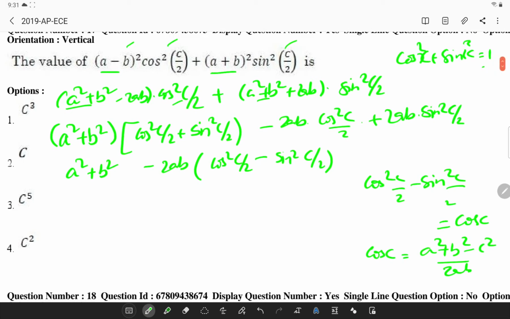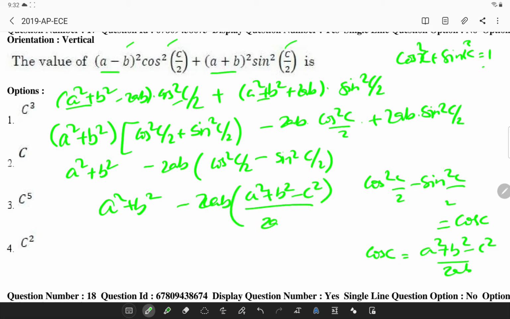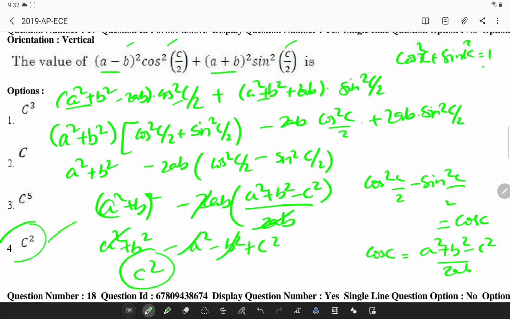So if I substitute this formula, I will be left with a square plus b square minus 2ab into a square plus b square minus c square divided by 2ab. So this will be a square plus b square minus a square minus b square plus c square. I'll be left with c square.